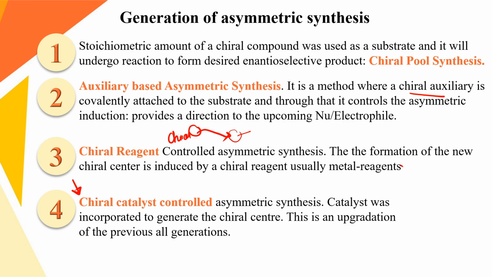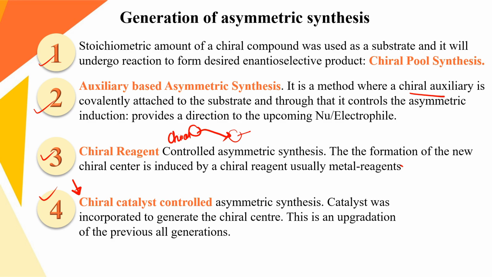Here, not a chiral reagent but a chiral catalyst is used, which temporarily binds the substrate via hydrogen bonding and some kind of weak interaction, and gives an asymmetric pathway, or blocks some area, so that the nucleophile or other reacting partner can only attack from a certain direction, which leads to the asymmetric product. So these are the four broad generations, and we will discuss all four subsequently.